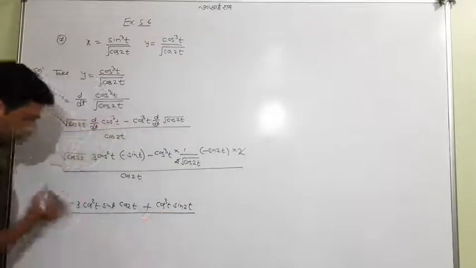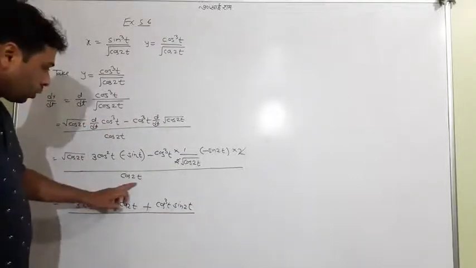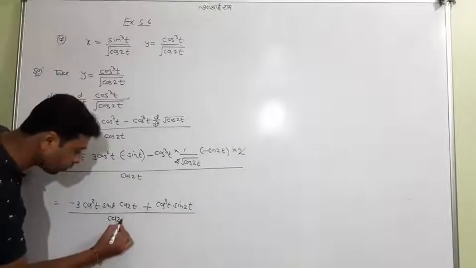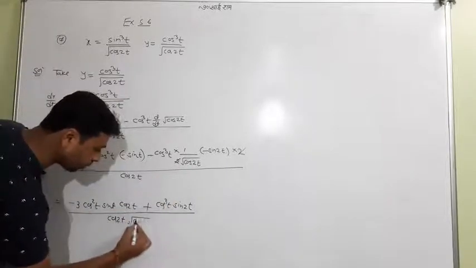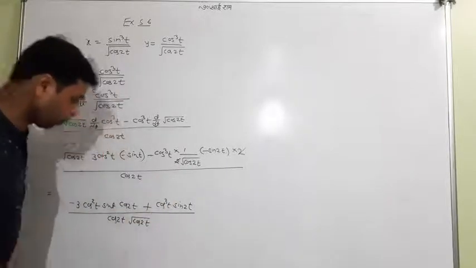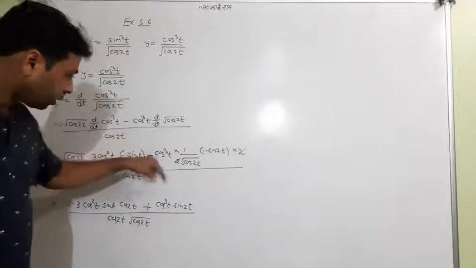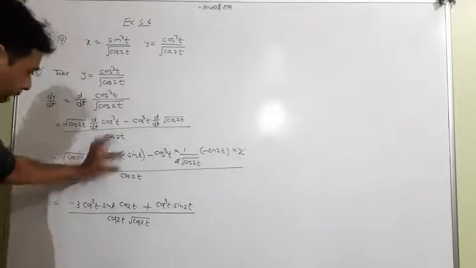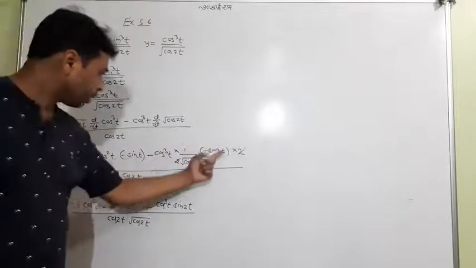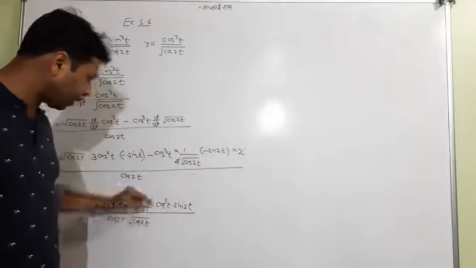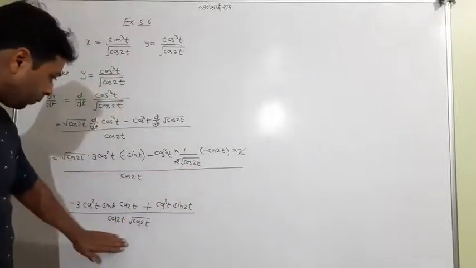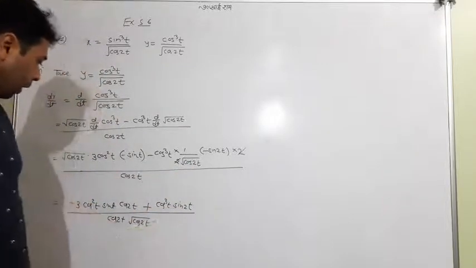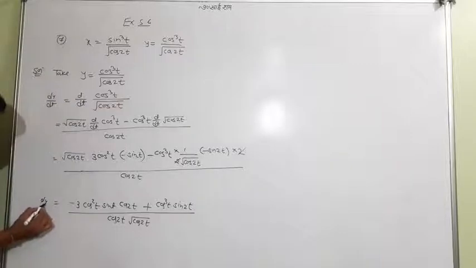Whole upon cos 2t and cos 2t. On taking the LCM, this will multiply with this. I arranged from my side these two with minus minus plus, and these two will multiply themselves. So whatever you have got till now is actually dy by dt.